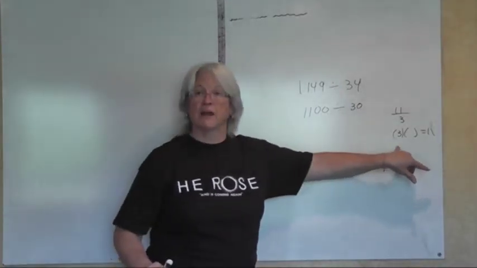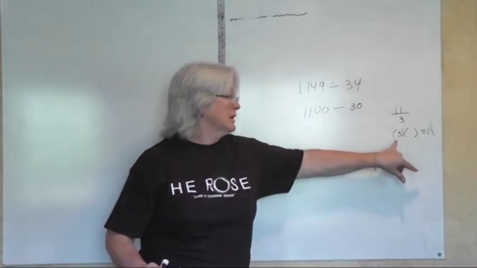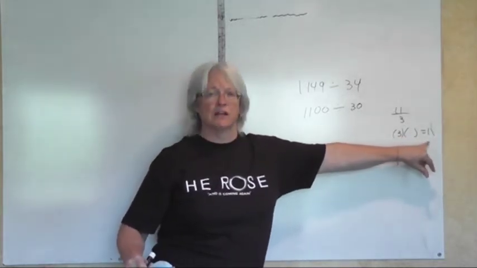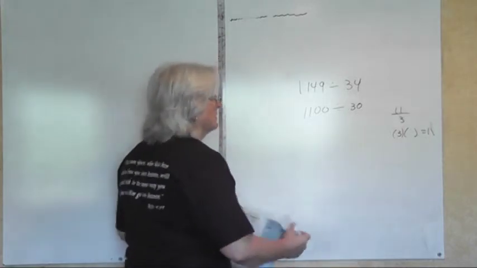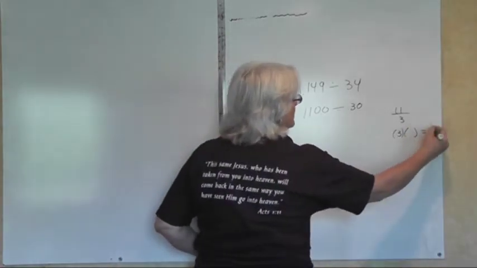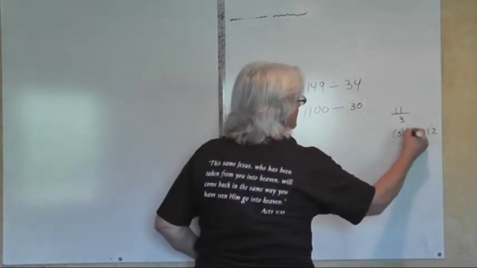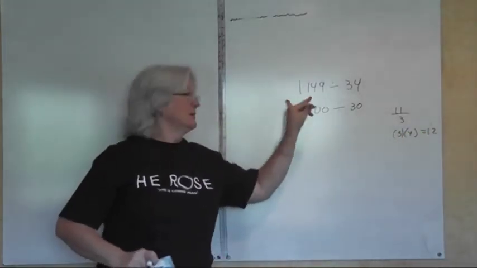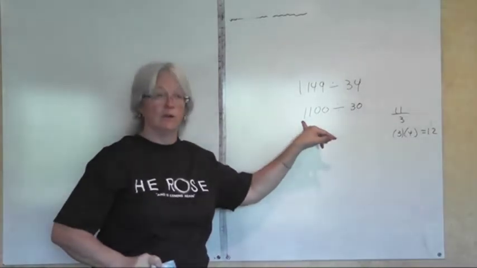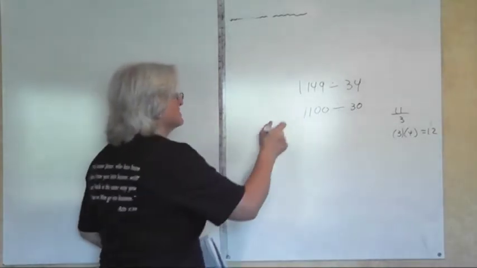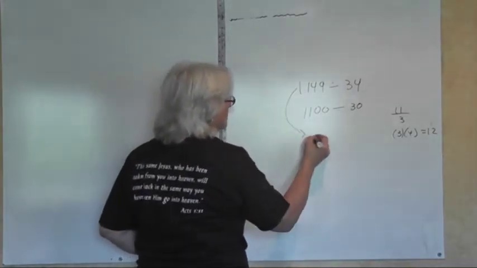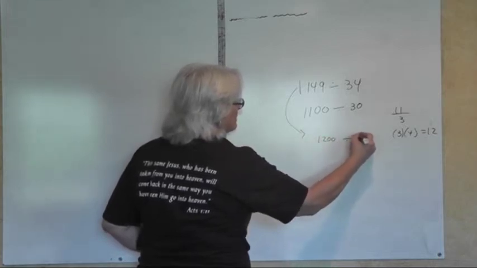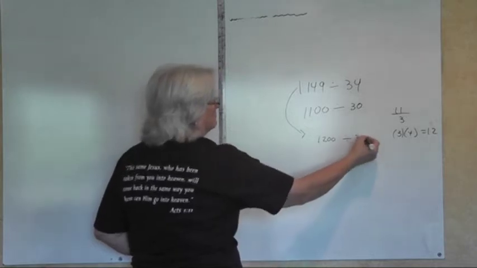But what math fact do you know, including multiplication, that uses 3 as a factor, where you get close to 11? Yeah. 3 times 4 is equal to 12. So even though 1149 technically rounds down to 1100, we're going to round this for the purpose of estimating a quotient to 1200. We're going to divide that by 30.